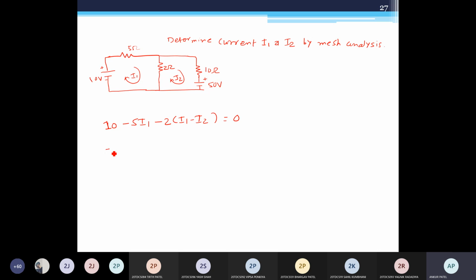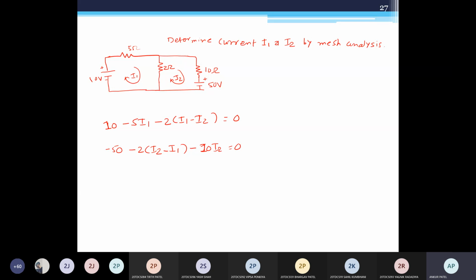So I can write minus 50 minus 2 (I2 minus I1) minus 10 I2 equals 0.